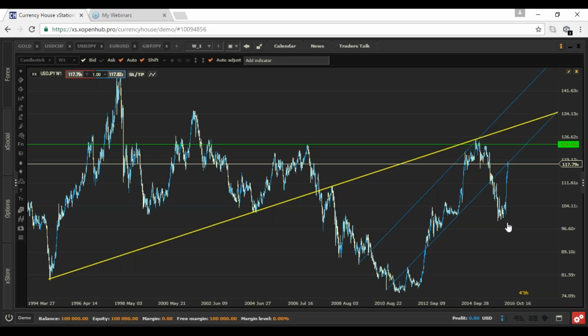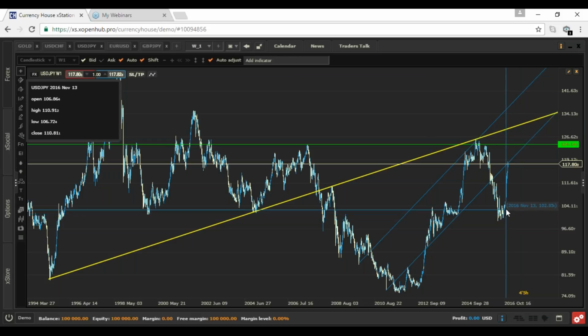and especially against the Japanese yen. So coming back to technical analysis, what do we see here? We see a strong uptrend, and the room to go is rather high. Well, first of all, let's check.